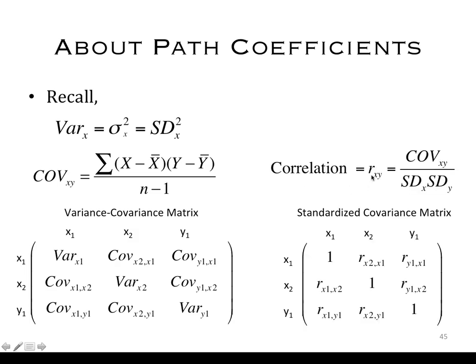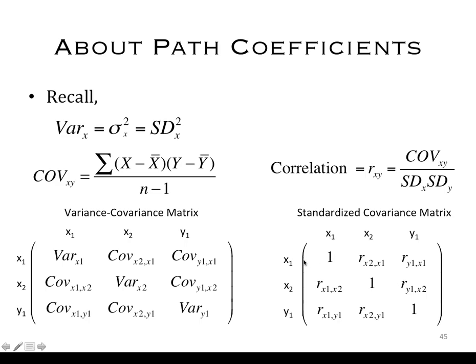If we're thinking about correlation, this is maybe something you're used to thinking a little bit more about, the correlation between a couple of variables, right? We've got the covariance divided by the standard deviation of x times the standard deviation of y. So the standardized covariance matrix is based on these correlations.